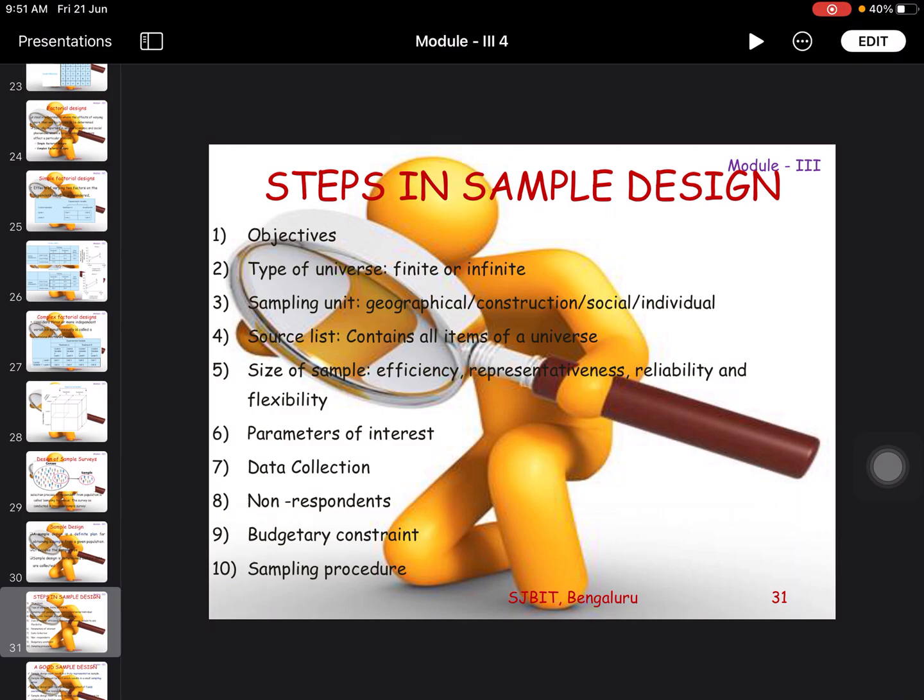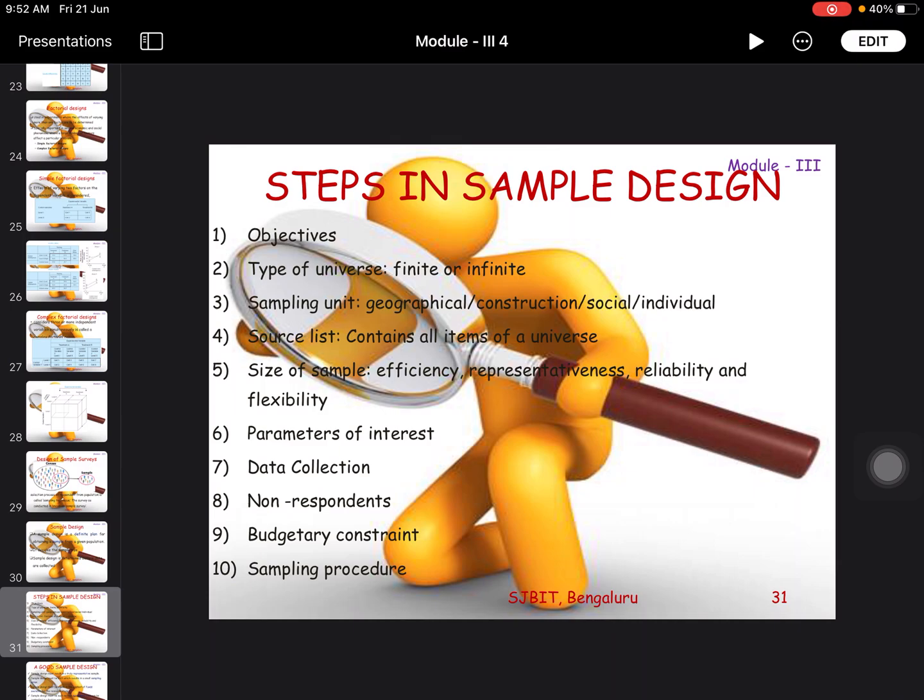So the parameters of interest vary with each type of sample we are interested in collecting, and any specific changes found with respect to various parameters will have to be considered.